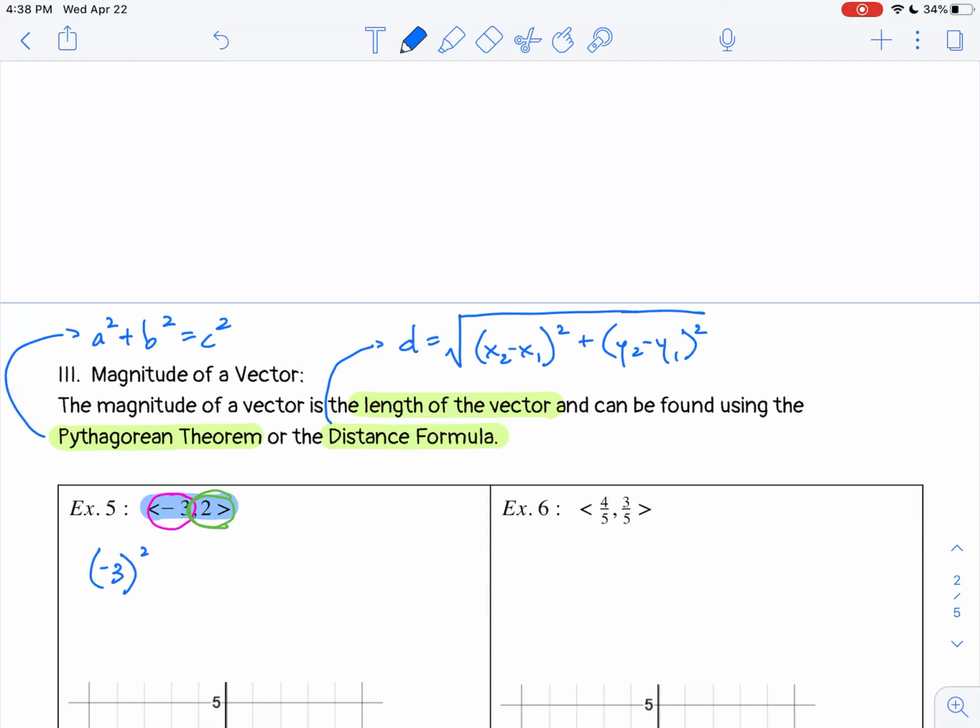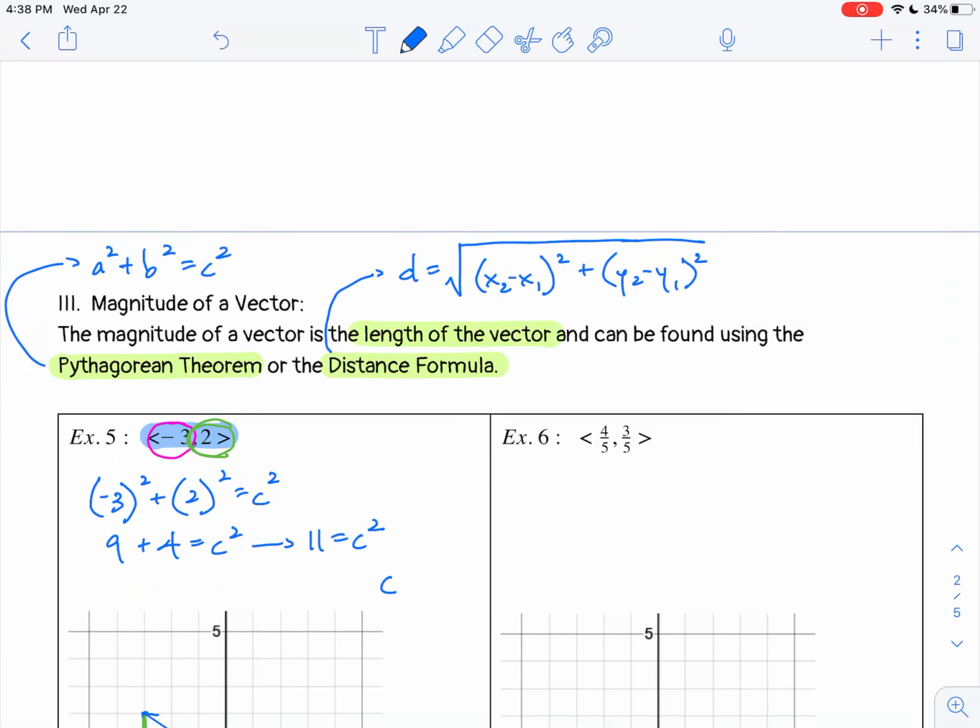So (-3) squared plus 2 squared equals c squared. I get 9 plus 4 equals c squared, or 13 equals c squared. Oh my gosh, not 11, 13.